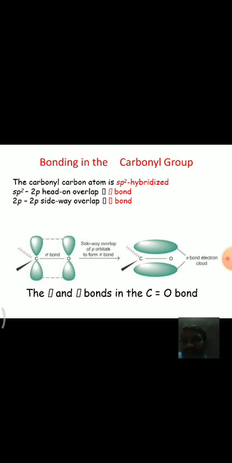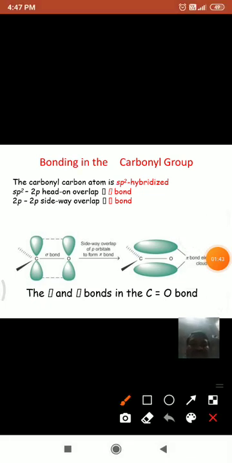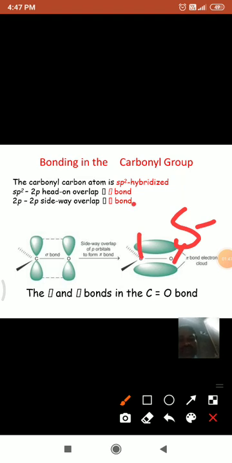Hence, the electron cloud is more towards oxygen. Due to this, oxygen gets a partial negative charge, whereas carbon gets a partial positive charge.